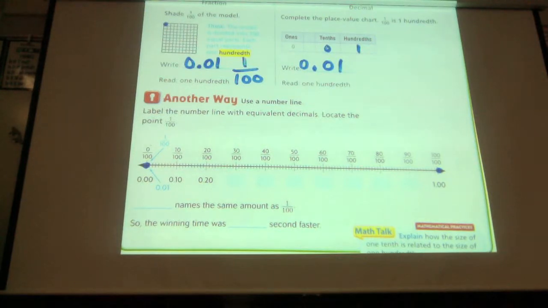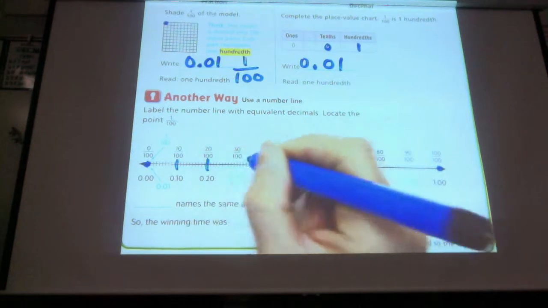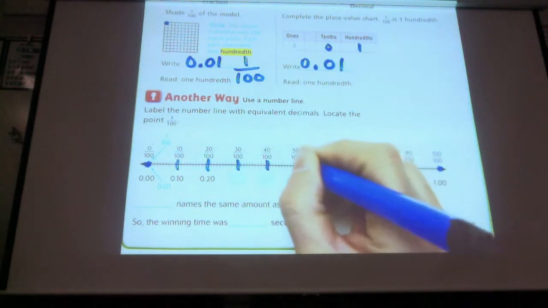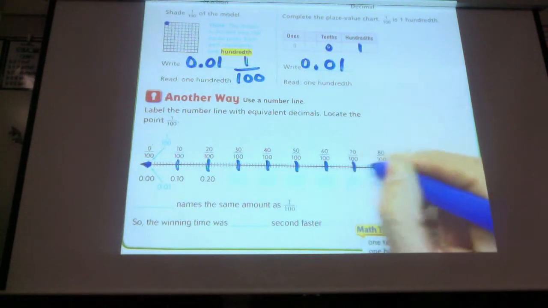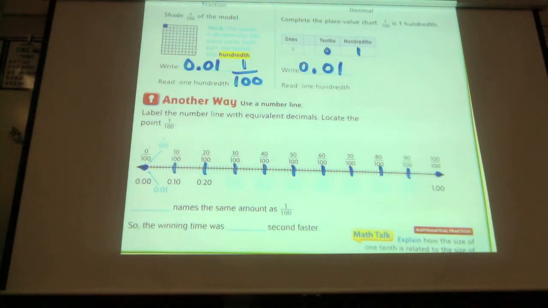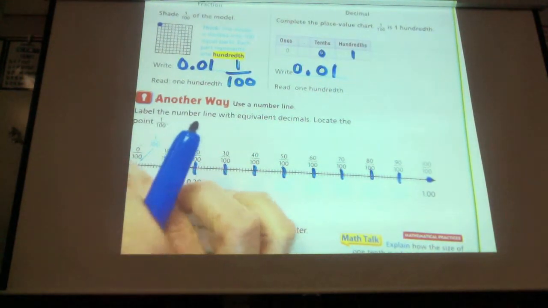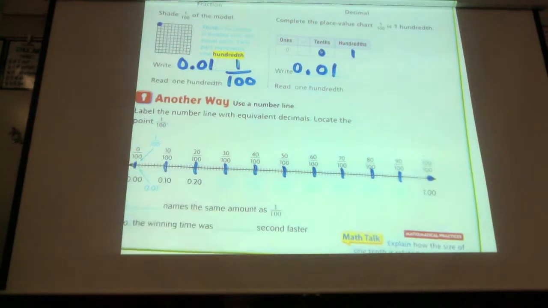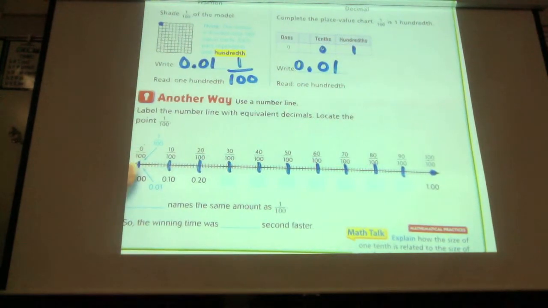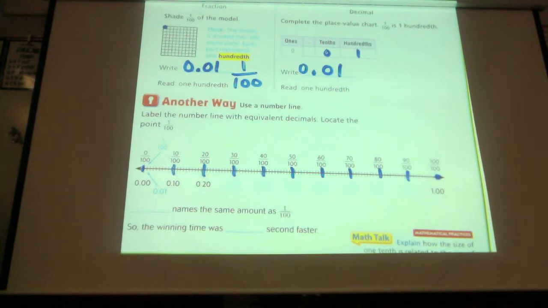It makes common sense to do it by tens: 10, 20, 30, 40, 50, 60, 70, 80, 90, 100. Now, here's our 0.01 right here. It's actually underneath my blue because my blue's so fat. It's right next to the blue line. That's the 100th, which looks like 0.01.